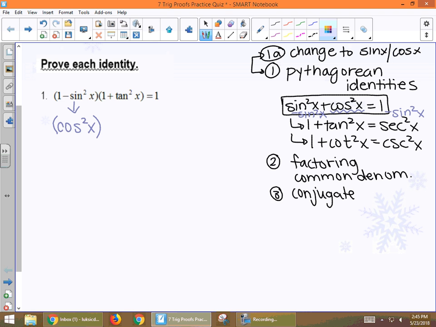And if the first path that we take doesn't work, you can always try again. Try something else. Sometimes a path not working tells you a lot about what else you should try. 1 plus tangent squared is the same as secant squared.